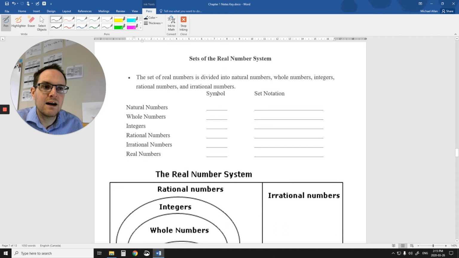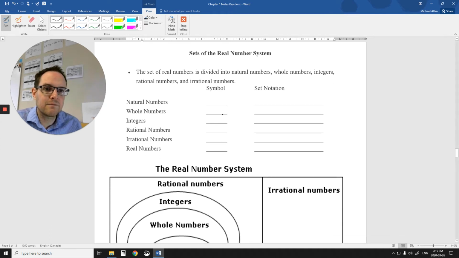Okay. A couple other things that we want to worry about is, first of all, let's just review what the number systems are. Like we talked about, what is a natural number. So a natural number, denoted by the capital letter N, includes all the numbers from 1, 2, 3, and on, right?